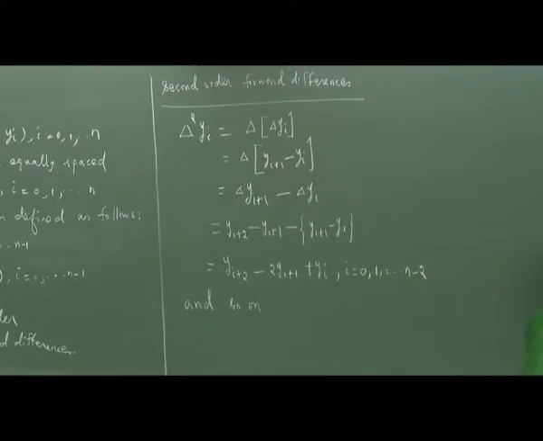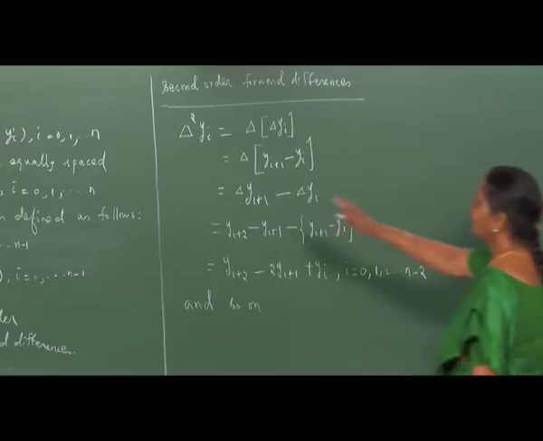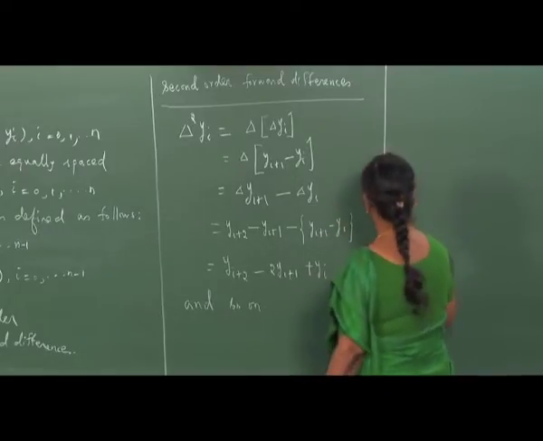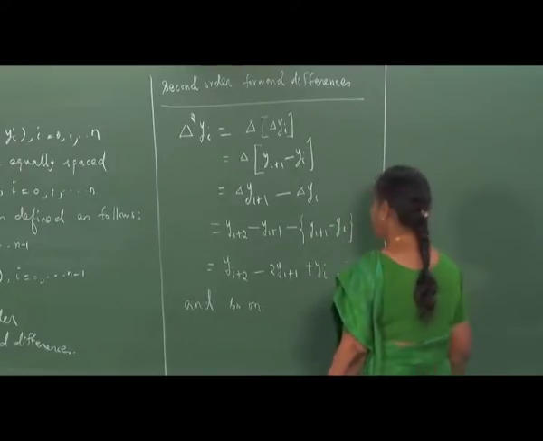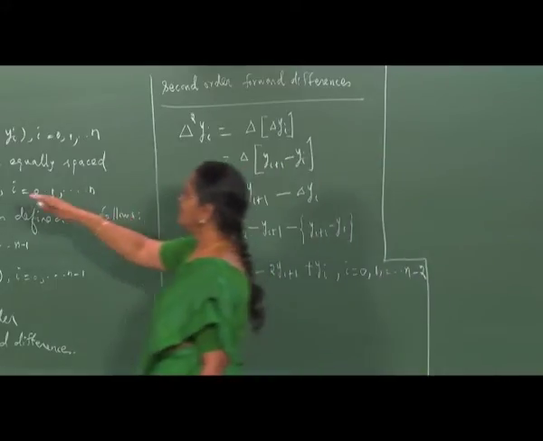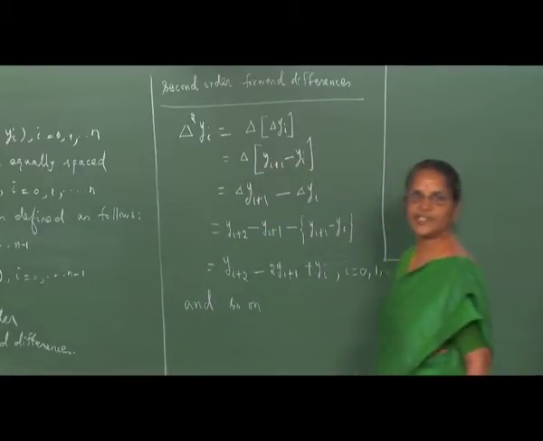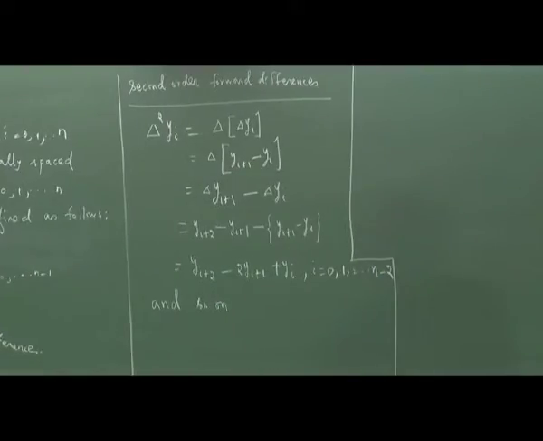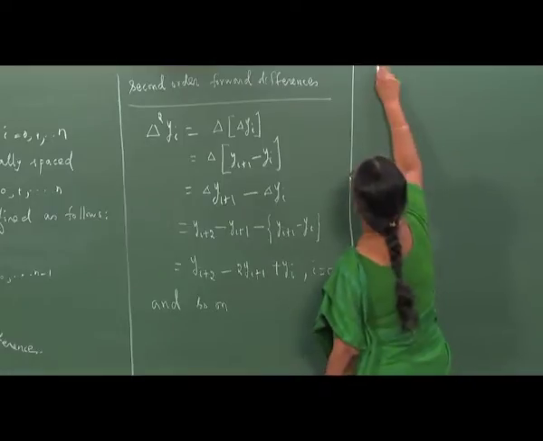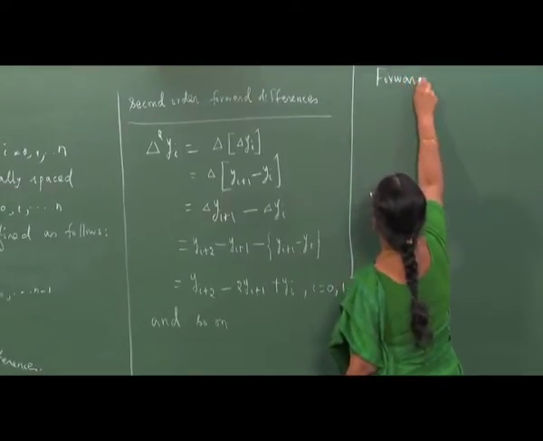So, now that we know how to obtain the forward differences given a set of say n plus 1 values xi, yi for equally spaced points, we present the forward difference table here.